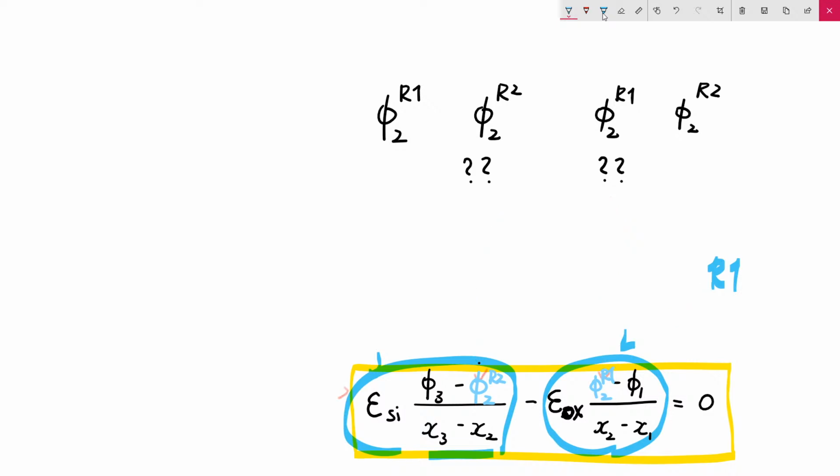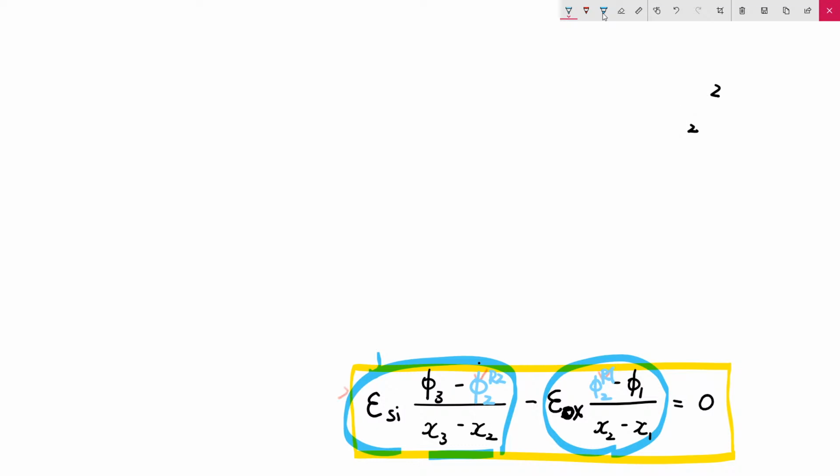So simply speaking, first we can have this expression. However, since we have two different variables, phi 2 at R1 and R2, this is not sufficient. Because we have introduced two phi 2 values, we have to introduce one additional equation.